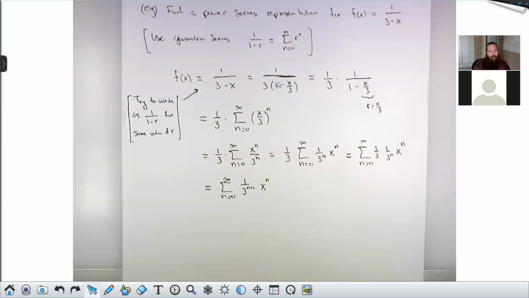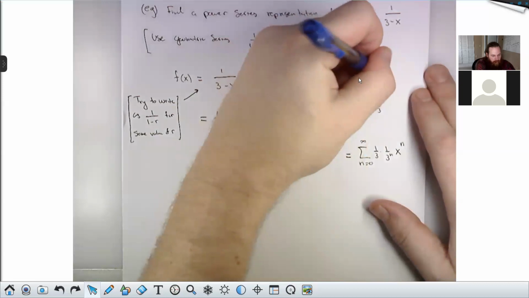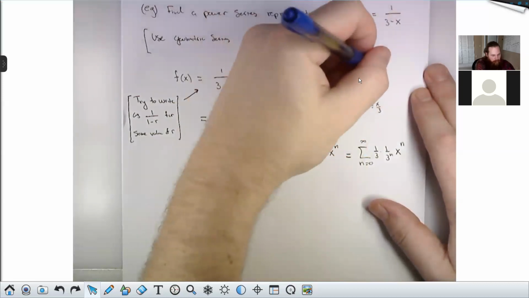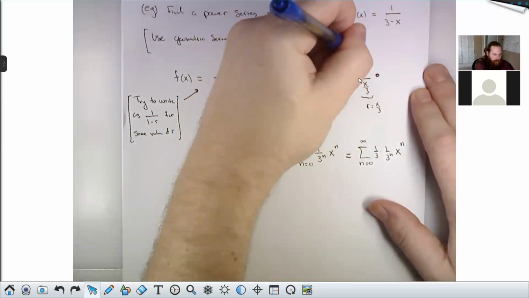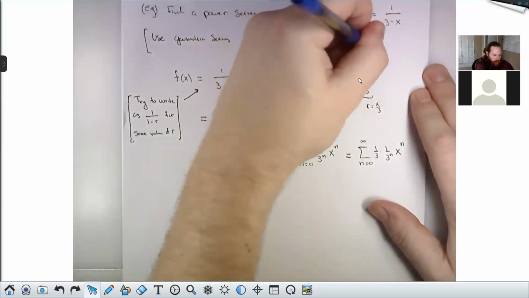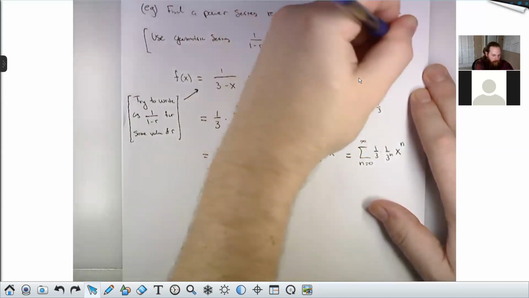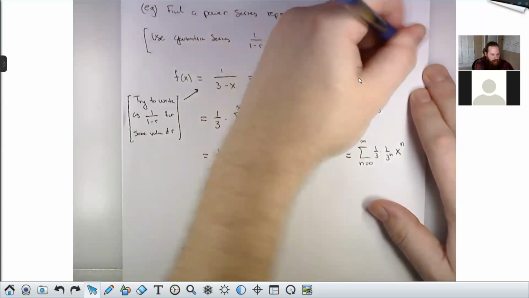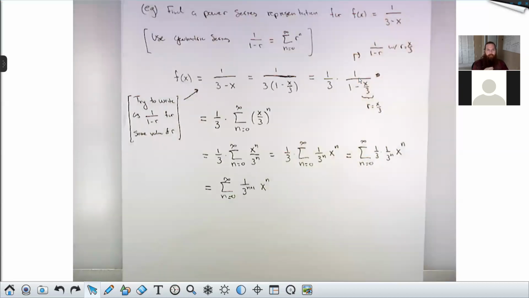Now I've got 1 over 1 minus x over 3 if I bring the 1/3 out like that. So this piece right here, I say, just this piece is 1 over 1 minus r with r equal to x over 3. That was my goal. My goal was to get this thing in the form 1 over 1 minus something. So I'm not worrying about this 1/3 at the moment. He just comes along for the ride.